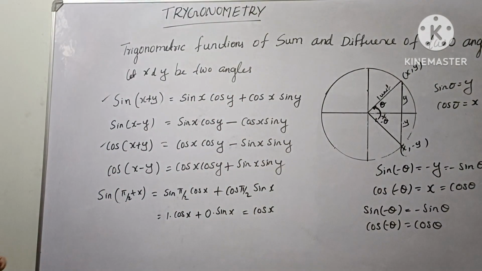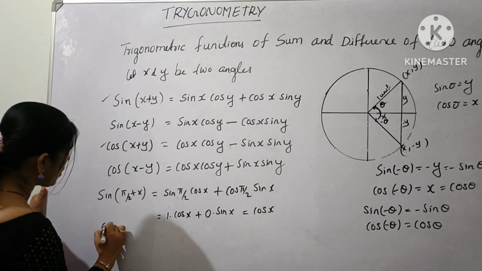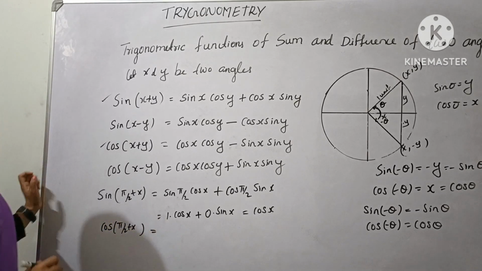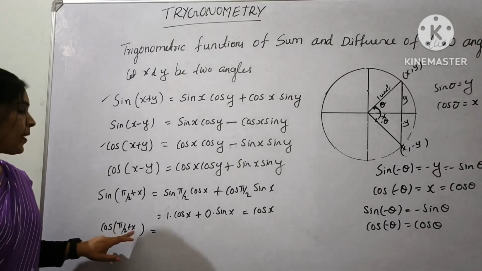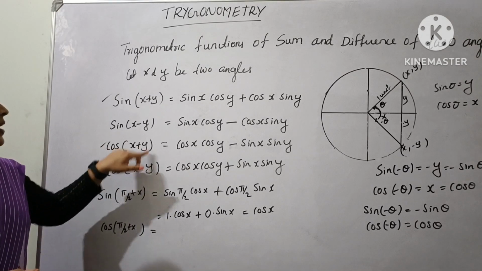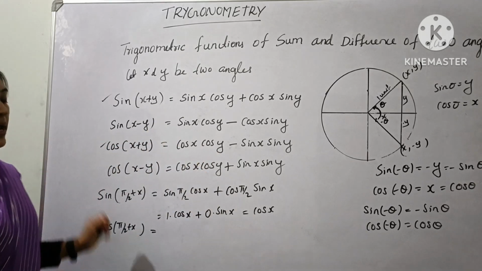Now let us find cos of pi by 2 plus x. What is cos of x plus y? Cos of x plus y is cos x cos y minus sin x sin y.